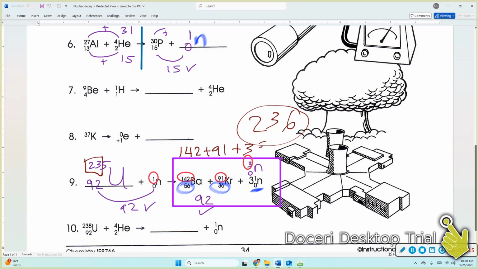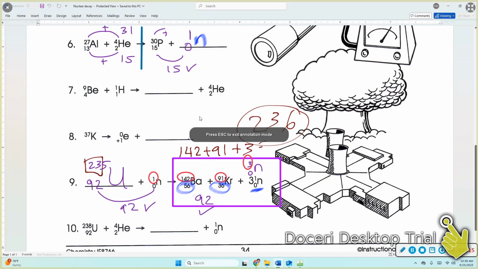It has 0 charge and basically 0 atomic number, no proton, and it has 1 mass because it is just a neutron. Remember, a neutron has almost the same mass as a proton. So neutrons 1, protons 1, electrons 0, no mass. So that's how you do that.